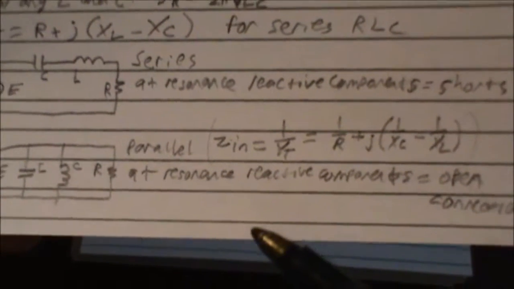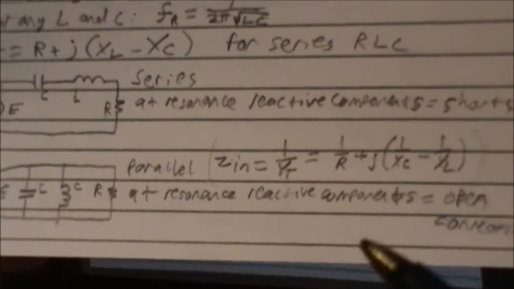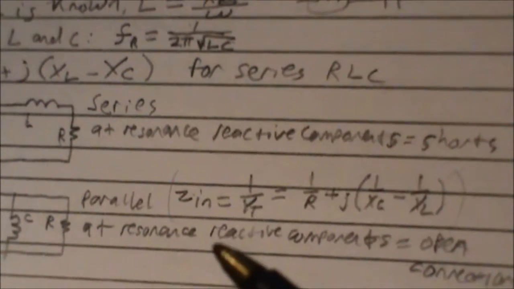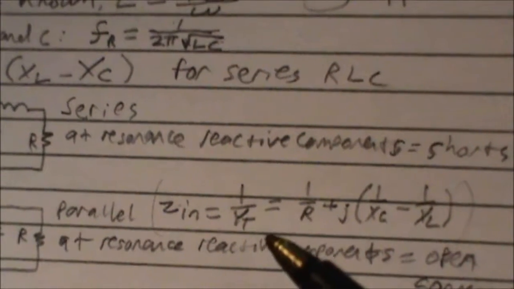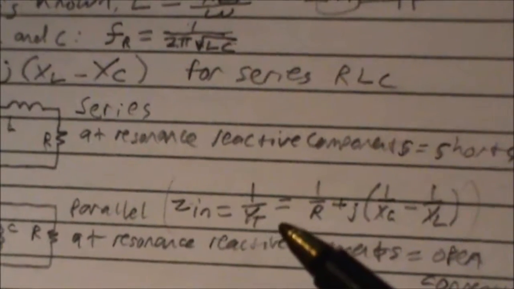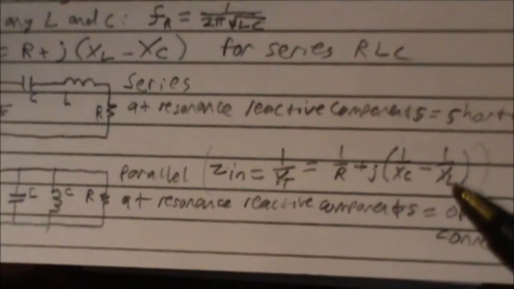At resonance, the reactive components of a parallel circuit are an open connection equivalent, because in parallel we use the admittances, which is Y. So Y total equals 1 over Z, our impedance input, which is equal to 1 over R plus j(1 over XC minus 1 over XL).